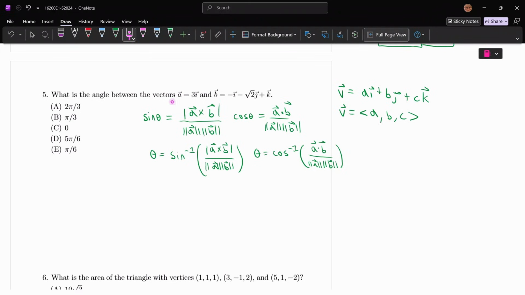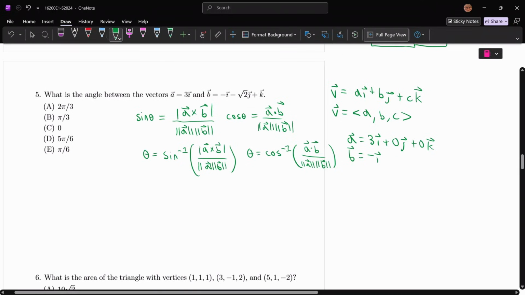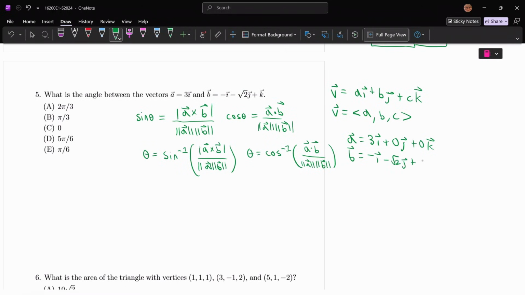In the case of a and b, a is equal to 3i plus 0j plus 0k, and b is given to us as negative i minus root 2j plus k.